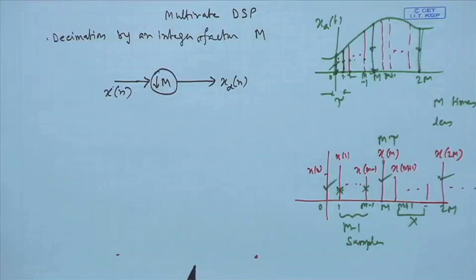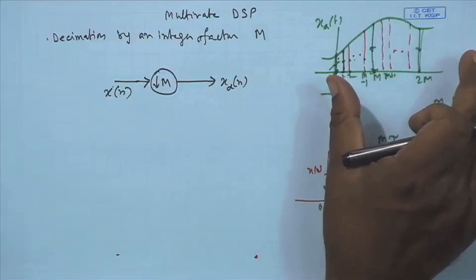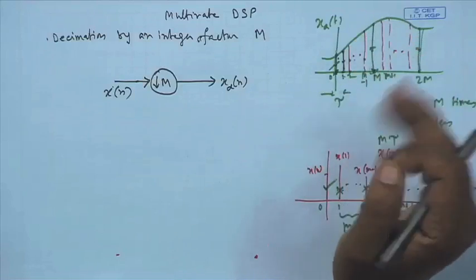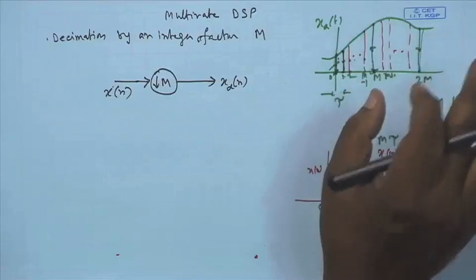Now, there is a danger, of course: you are bringing down the sampling rate by a factor m. So, there may be a possibility of aliasing, because if the function is band limited, you must sample it at more than the Nyquist rate, that is twice the band limiting frequency. Suppose you had been doing that, but now you are bringing down the sampling rate.